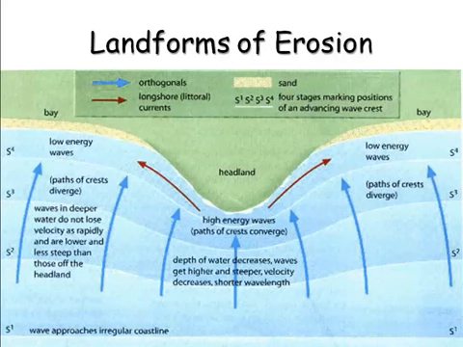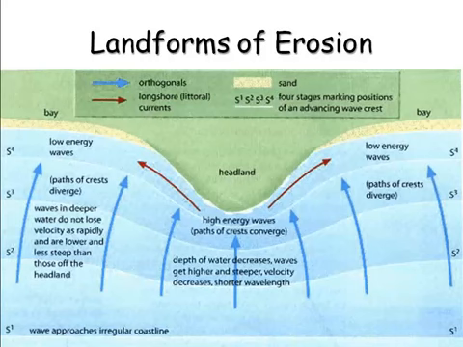The result is much higher energy concentrated across a smaller area, whereas in the bays either side of the headland, the paths of the crests diverge. You end up with much lower energy waves by the time they reach the back of the bay. The result of that is obviously less erosion.